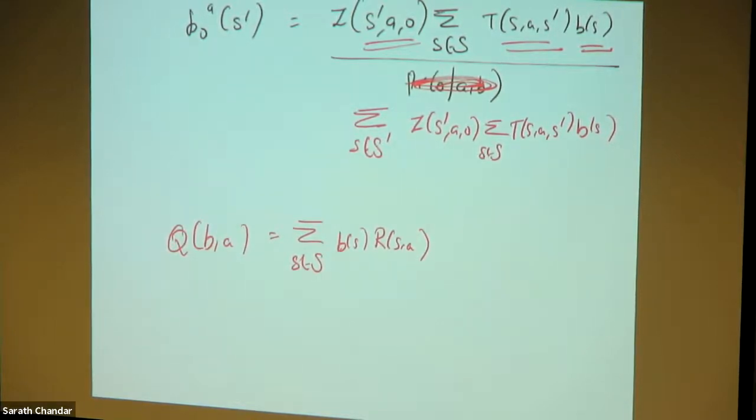So R of S, comma A becomes the summation over S of B of S times R of S, comma A, plus gamma times, okay, now we don't know which next state we are going to be in.